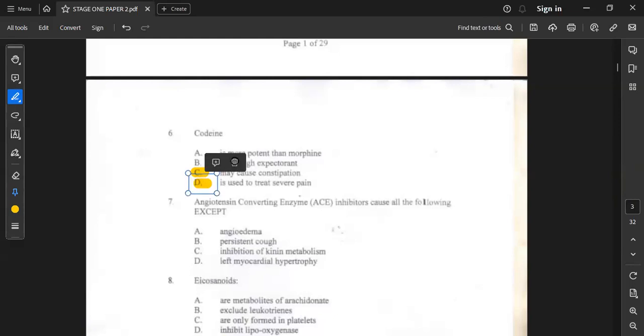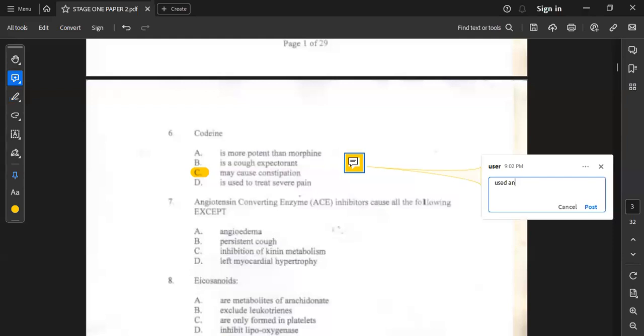And it is not more potent than morphine because it has more OH groups than morphine. If it was cocaine, not cocaine, but codeine, it would be more potent than morphine because it is acetylated twice. So codeine, not cocaine, apologies.